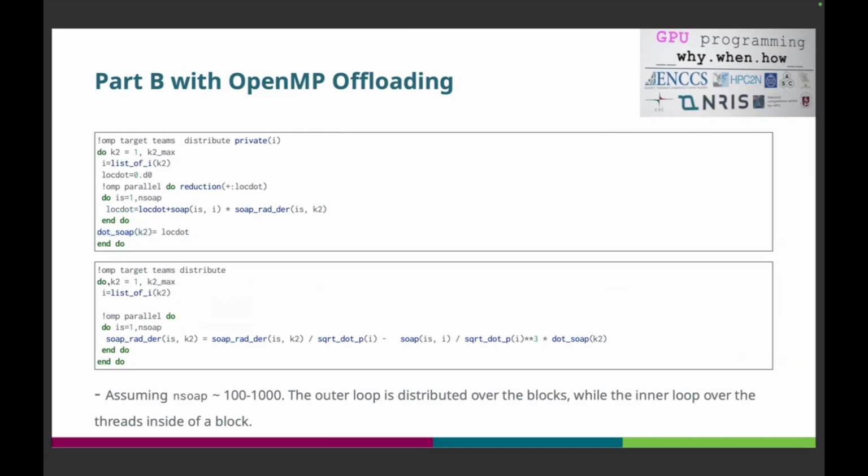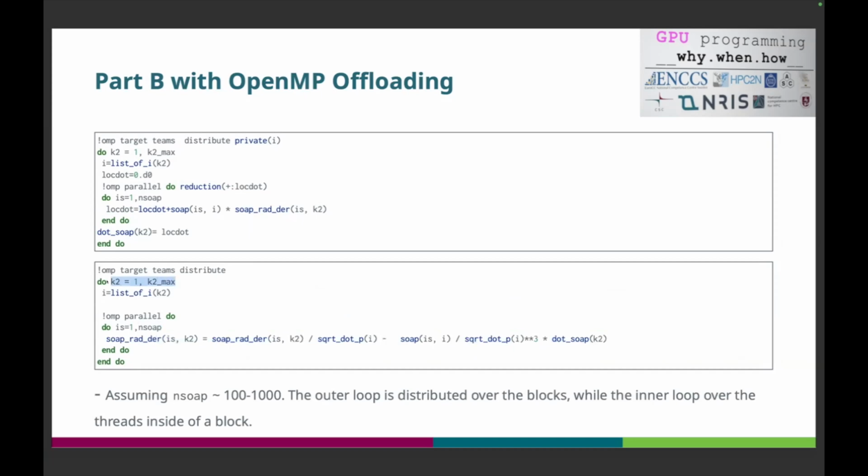Now I rewrote this loop, so I keep the outside loop the same, and this 1-to-n SOAP can be written also as a loop. So I do again something similar to what I did above.